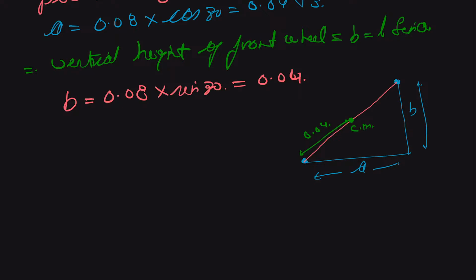So we can say that our center of mass, we are going to have our x coordinate, let us call this x midpoint, because this is the midpoint of the vehicle. So x mid will be equal to the same formula, and this distance will be 0.04, so this will be coming as 0.02 square root of 3, and y midpoint will be equal to 0.02.